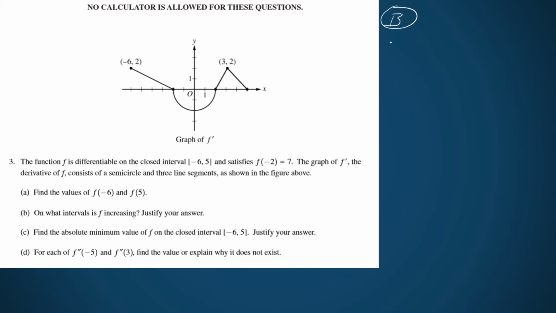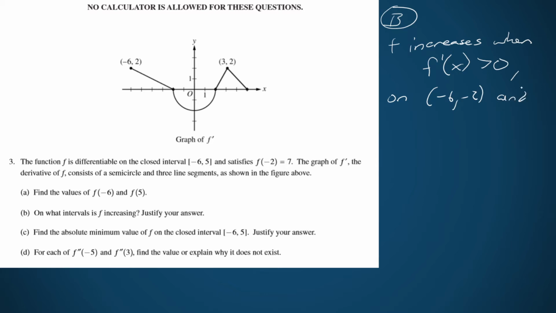So from -6 to -2, and from 2 to 3, 4, 5. Okay, cool. And I can actually change these.